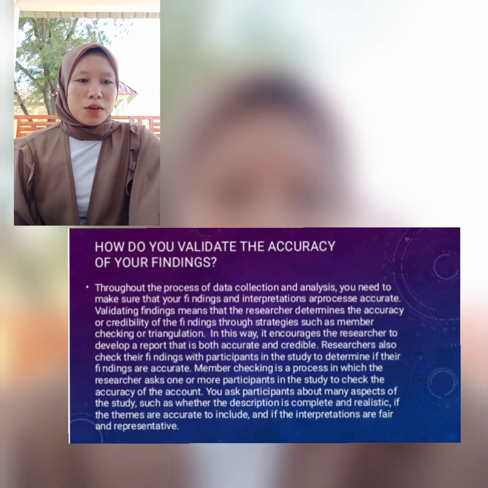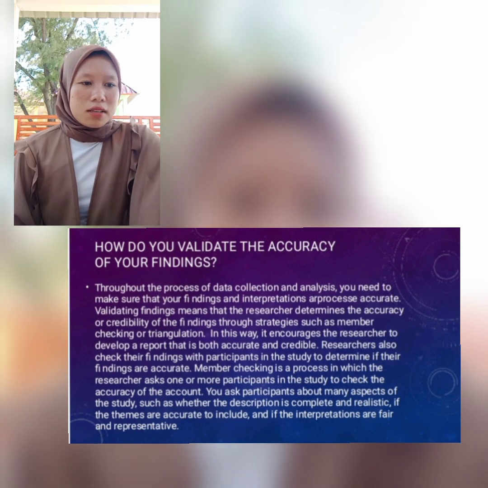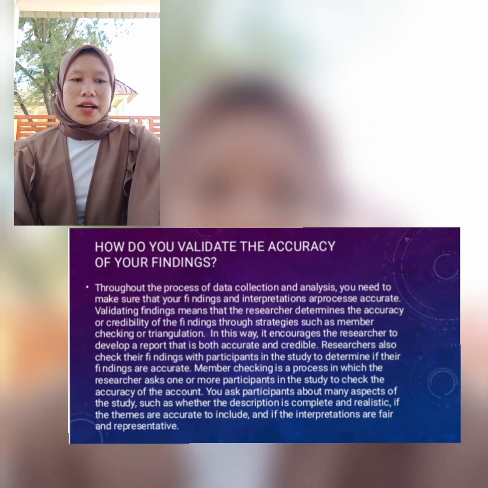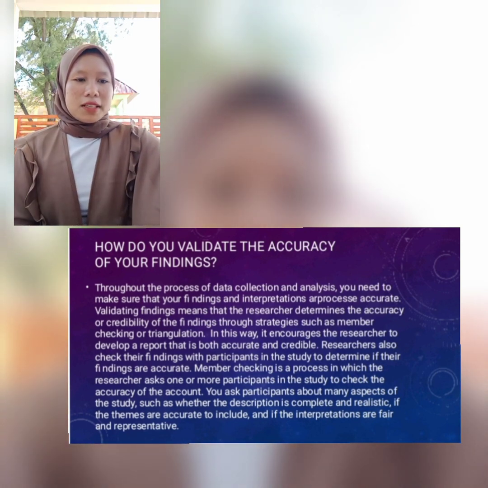Researchers also check their findings with participants in the study to determine if their findings are accurate. Member checking is a process in which the researcher asks one or more participants in the study to check the accuracy of the account.